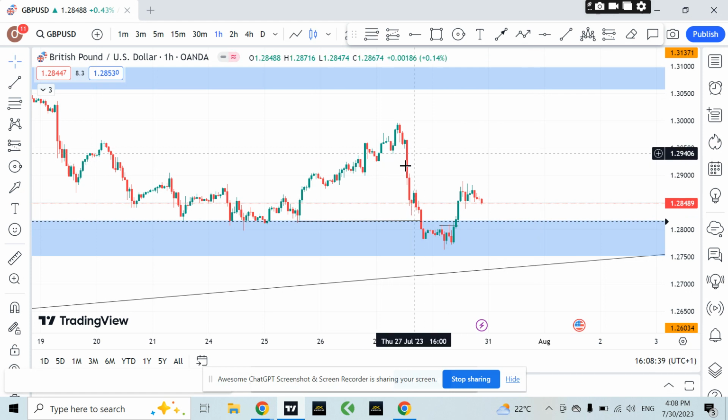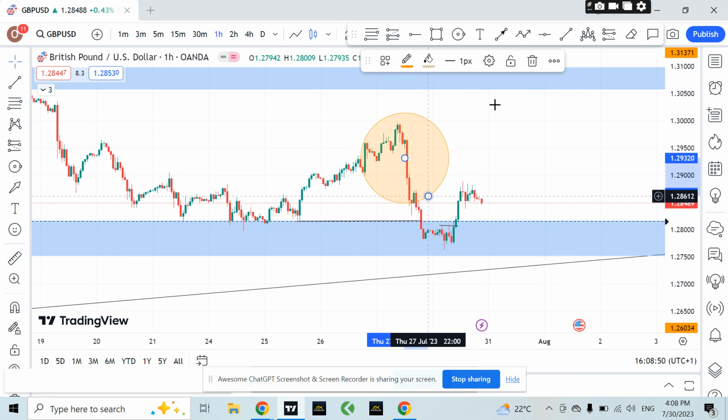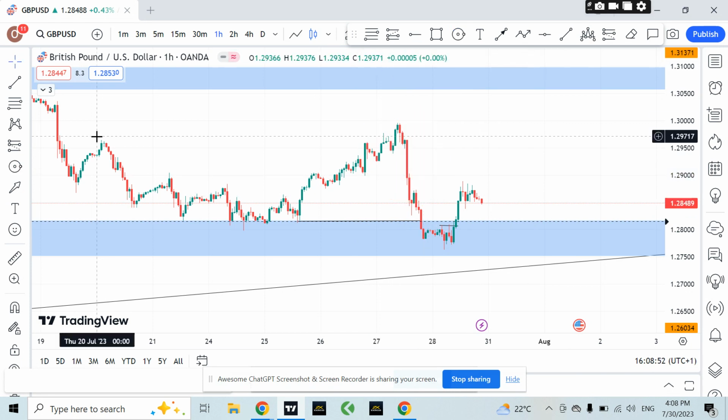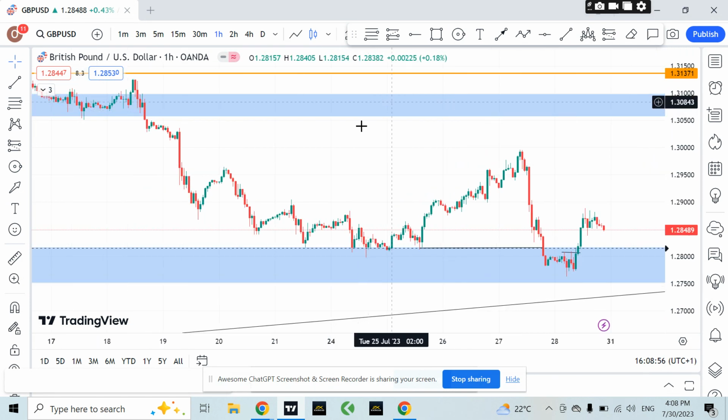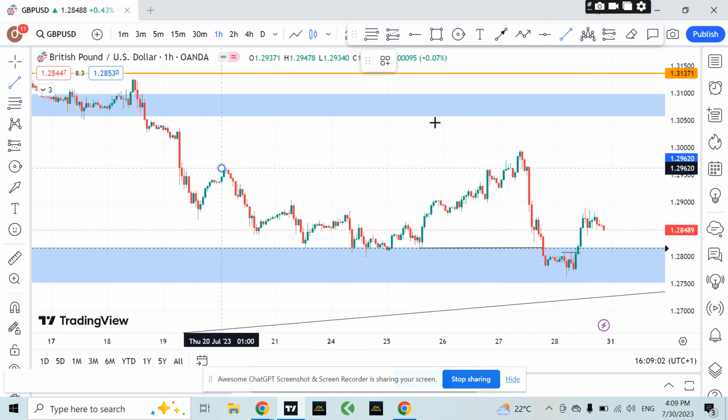And look at this imbalance here. You can see the imbalance. And now liquidity is lying here. That is why I mark this zone here to be a supply zone. Liquidity is lying here at this zone. We have liquidity.